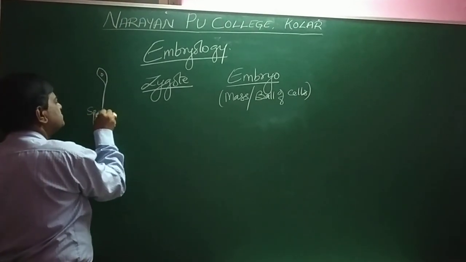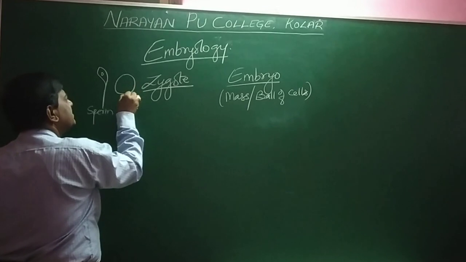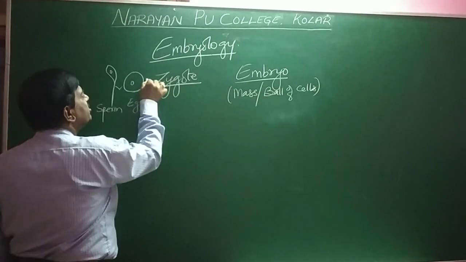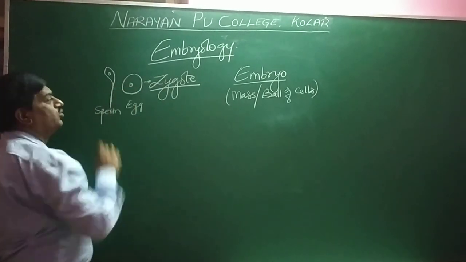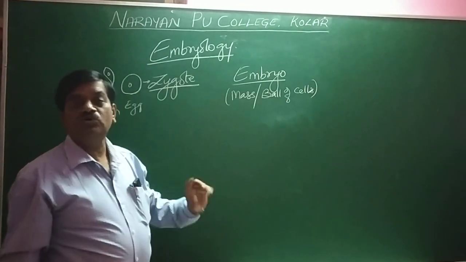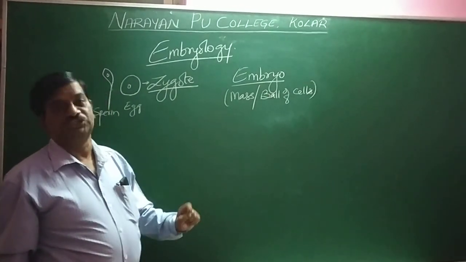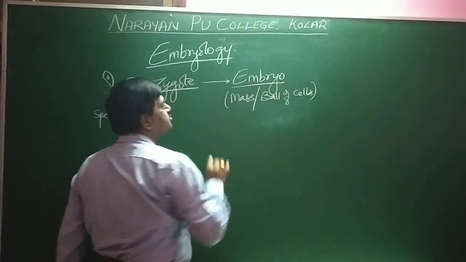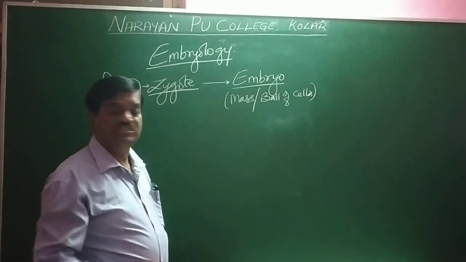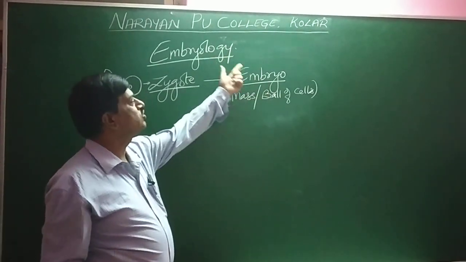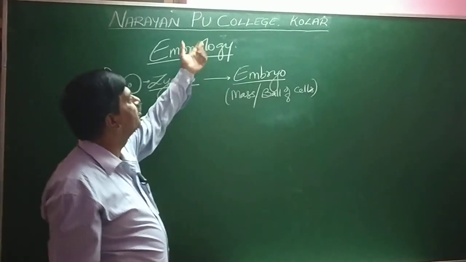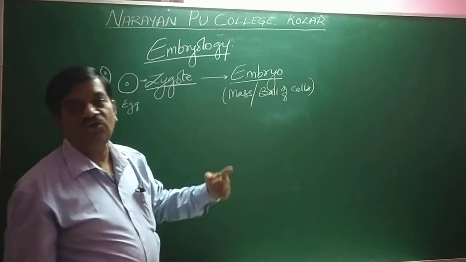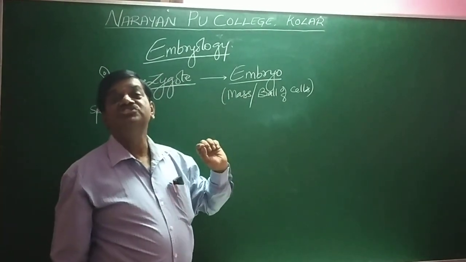This zygote undergoes repeated mitotic cell divisions and gives rise to a ball of cells, a mass of cells. This ball of cells is called an embryo, and this study of embryo is called embryology.